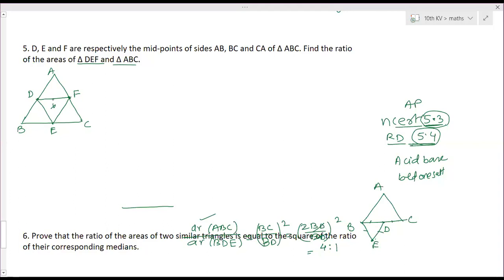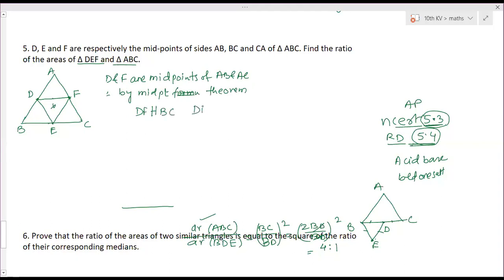So therefore by midpoint theorem, DF is parallel to BC and DF is half of BC. So what is DF by BC then? 1/2. It's 1 by 2.